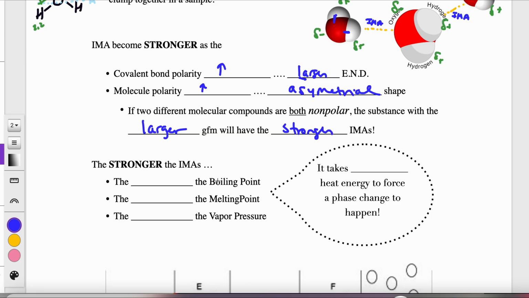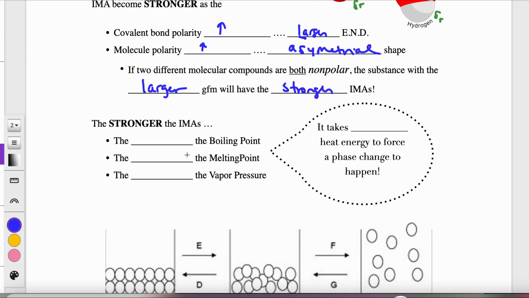And the stronger the IMAs, the higher the boiling point, the higher the melting point, the lower the vapor pressure, meaning it takes more heat energy to force a phase change for the molecules to separate, to go from a solid to a liquid to a gas.